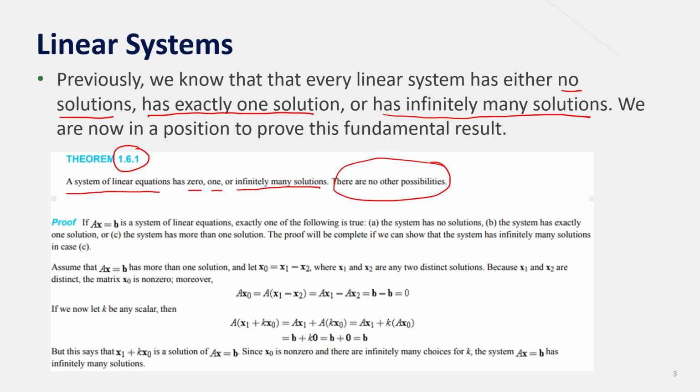And this is the proof of it. I don't think we are going to delve into much detail. You can read it if you are curious about it. But basically, this type of solution means a unique solution, or a solution which has only one solution.